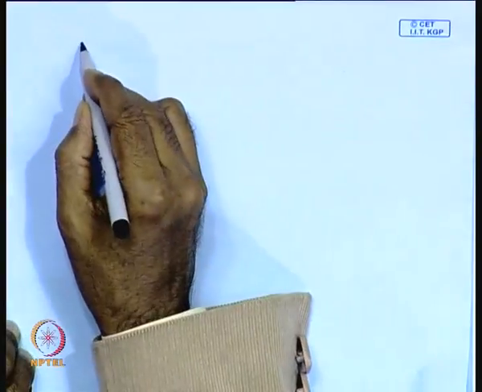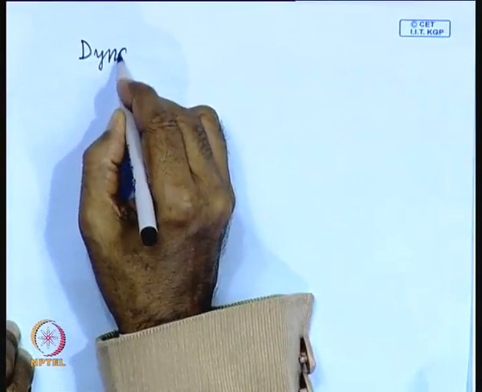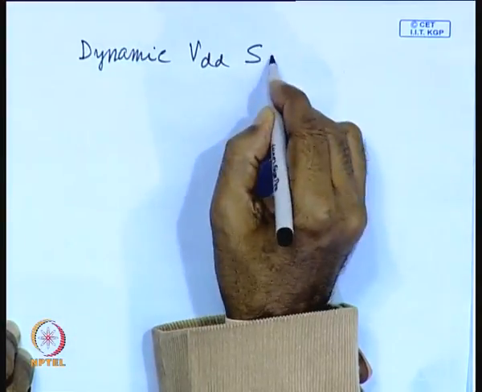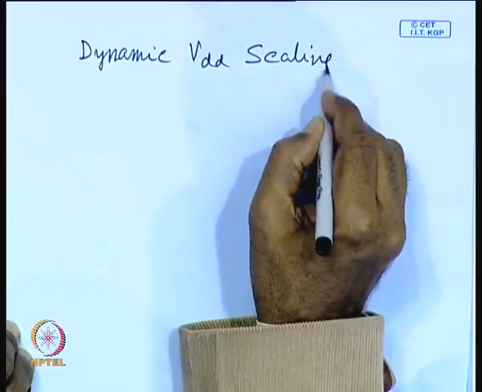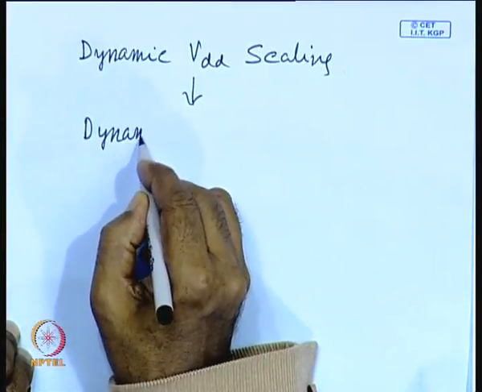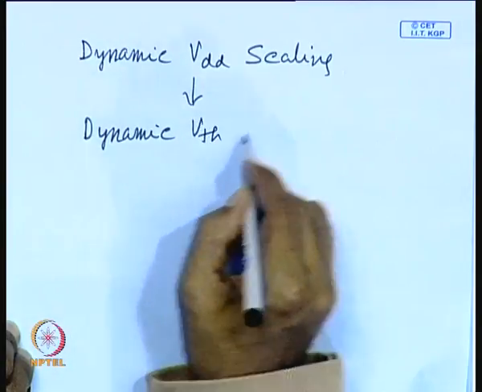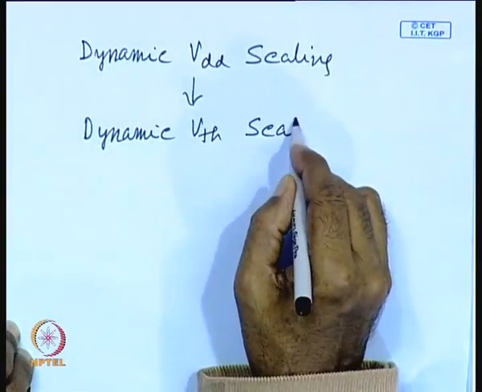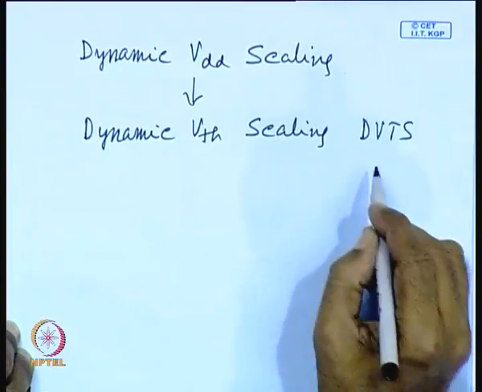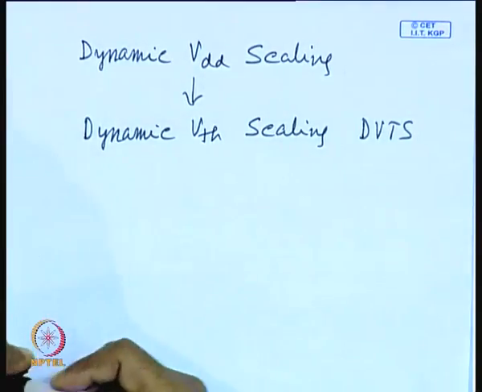Instead of using dynamic VDD scaling, we shall be using dynamic VTH scaling, and it is known as DVTS, dynamic threshold voltage scaling.